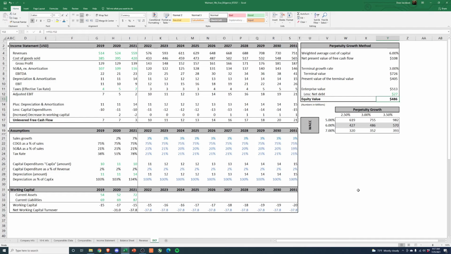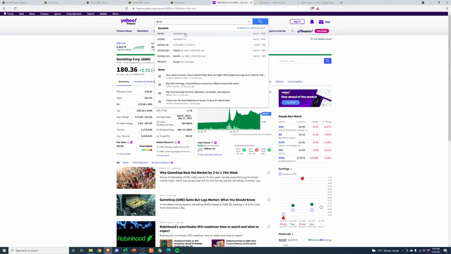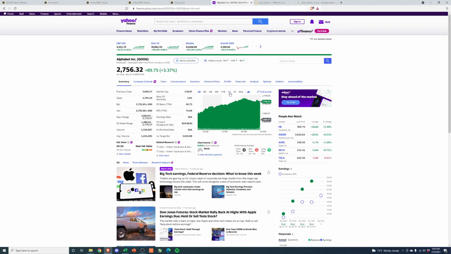If you had all your entry points and your analysis and you understood that, yeah, this company's crashing right now, but X, Y, and Z isn't actually going to stay down. Like, what did Google drop to? If you had analysis and you knew Google was a great company, and you saw it crash, you saw Google drop to 1100 from a share price of 1400.